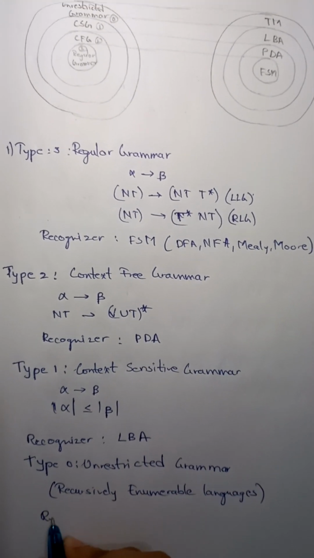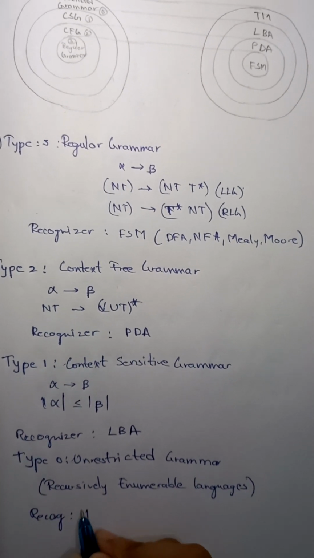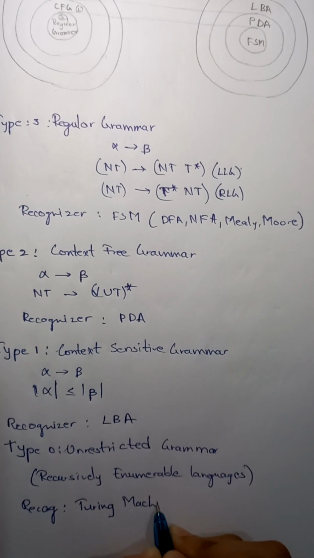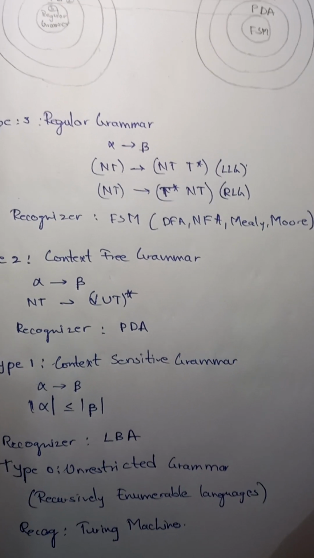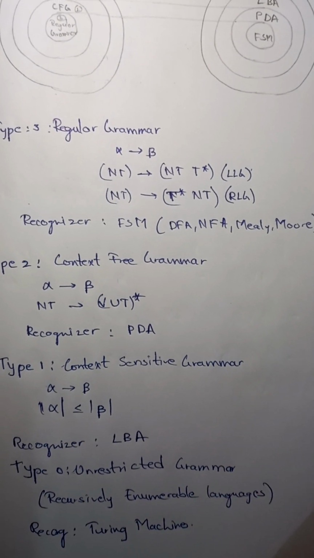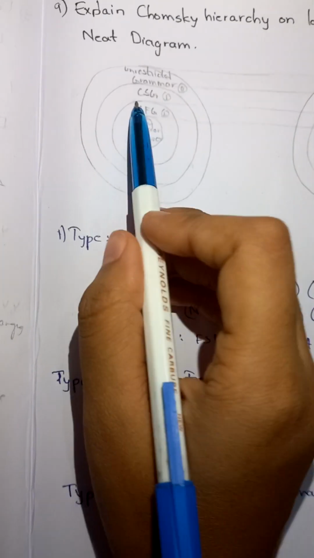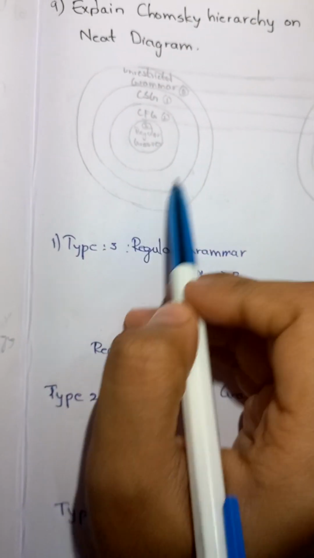The recognizers for unrestricted grammar are Turing machines. For every non-deterministic Turing machine, there exists an equivalent deterministic Turing machine. So all the regular grammar, context free grammar, and context sensitive grammar all come under unrestricted grammar.